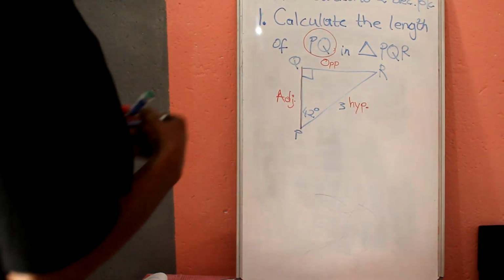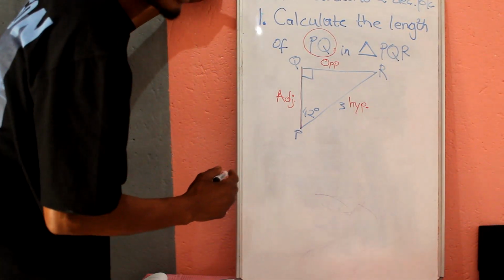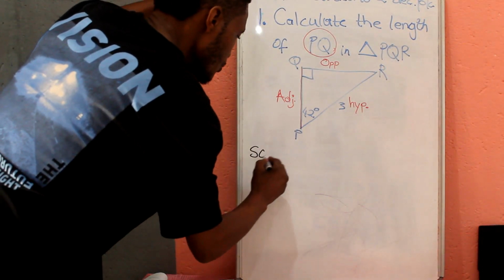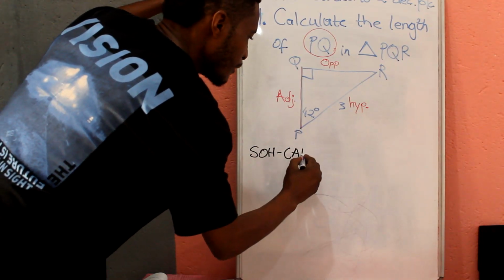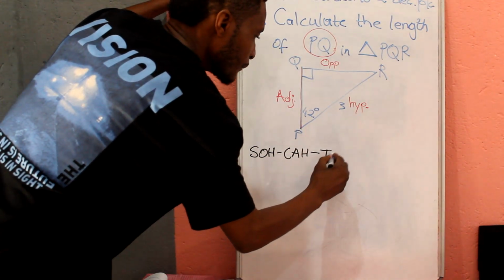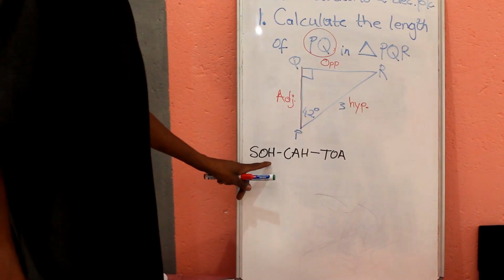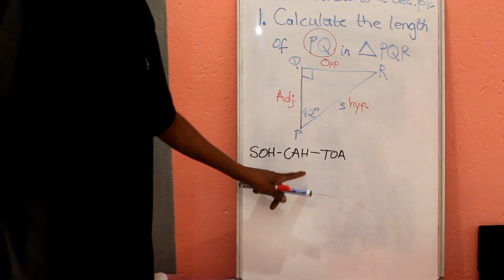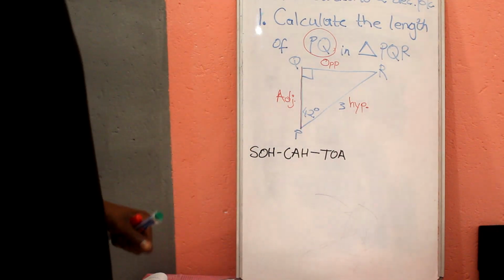and remember our acronym for our trigonometric ratios, which is your SOH CAH TOA. That would be your sine being opposite over hypotenuse, and your cos being adjacent over hypotenuse, and your tan being opposite over adjacent.